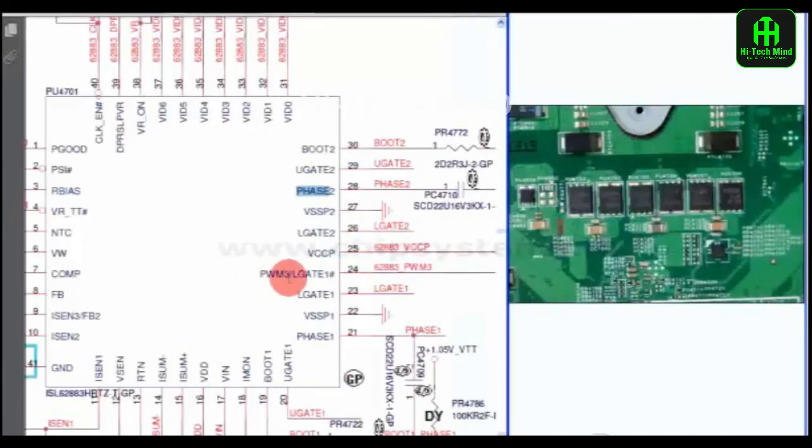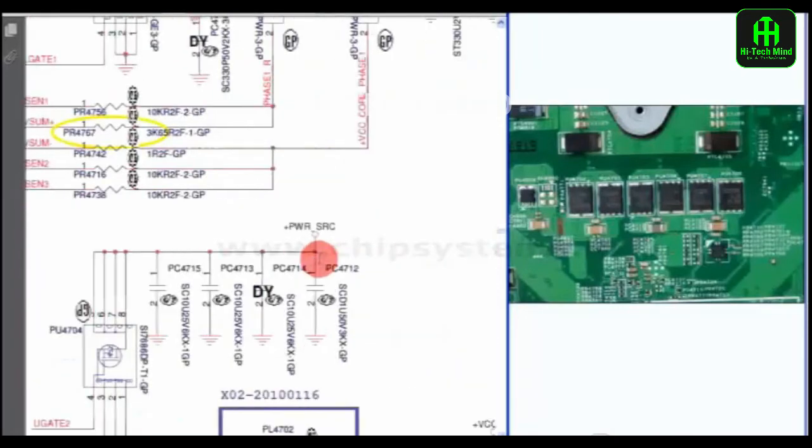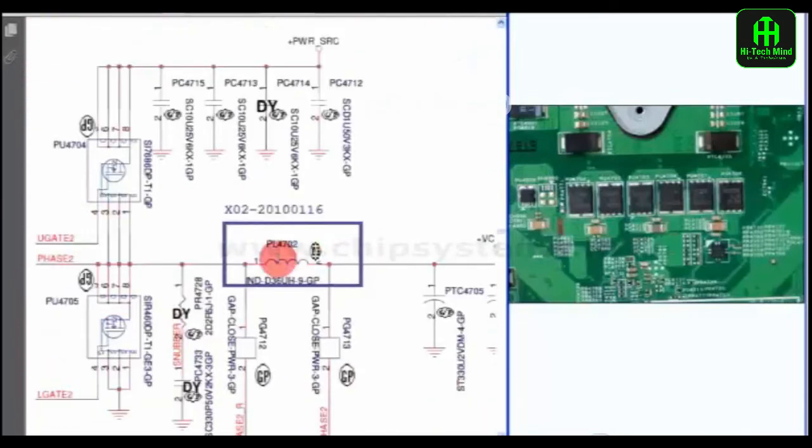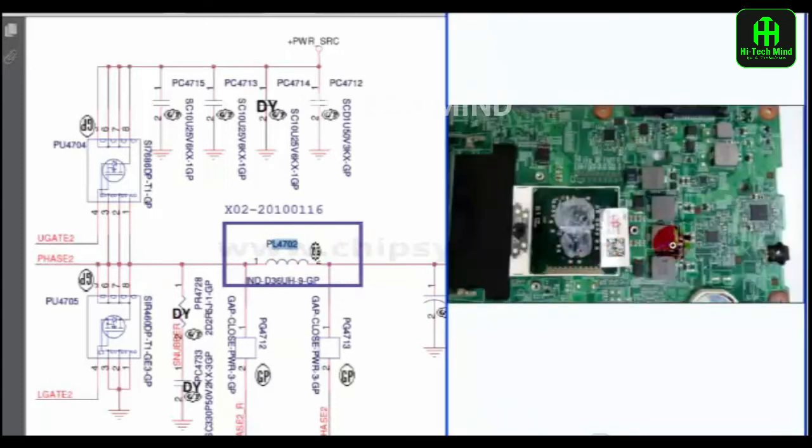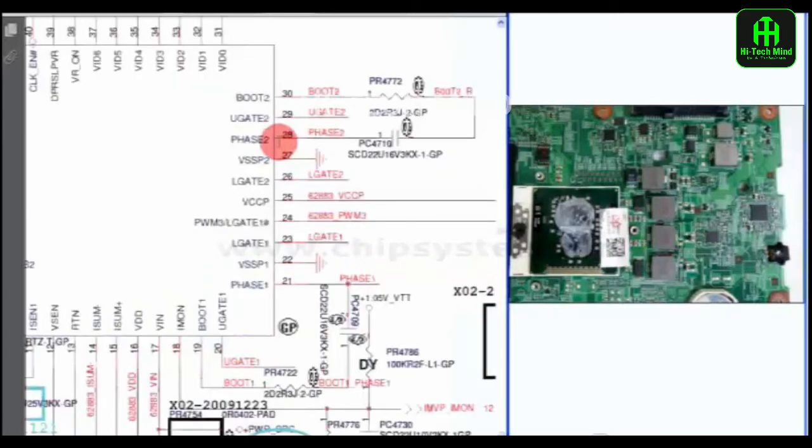Next, look at the schematics. Pin number 28 mentioned phase 2. This is the output inductor connection, phase 2 inductor PL4702. Look at the image. This is the inductor PL4702. This is the phase 2 gate driver output, upper gate 2 at pin number 29 and L gate 2 at pin number 26.